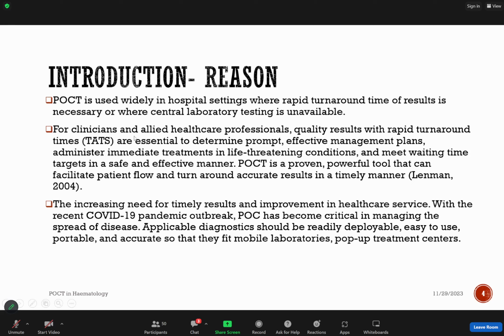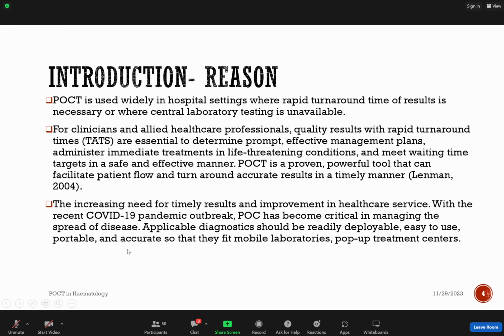For clinicians and allied healthcare professionals, quality results with rapid turnaround times are essential to determine prompt, effective management plans, administer immediate treatments in life-threatening conditions, and meet waiting time targets in a safe and effective manner. POCT is a proven powerful tool that can facilitate patient flow and turn around accurate results in a timely manner.